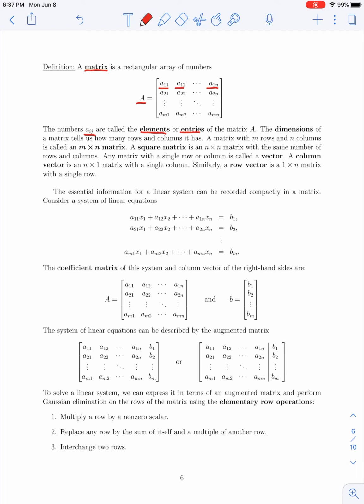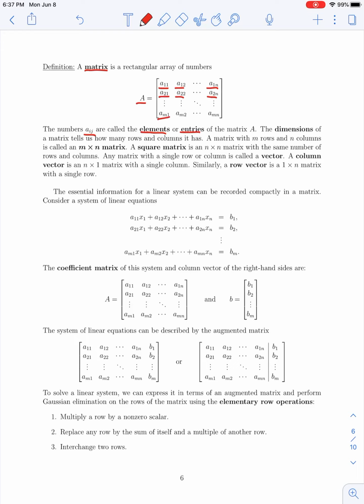And the first variable in our subscript, aij, tells us which row we're lying in. So here we have a11 for the first row, first column entry, a21 for the second row, first column, a22 for the second row, second column, up through a2n for the second row, nth column.